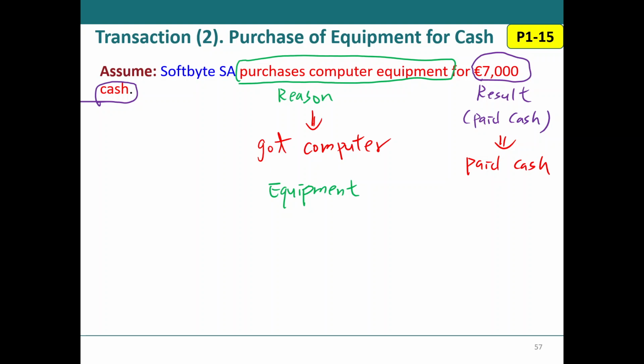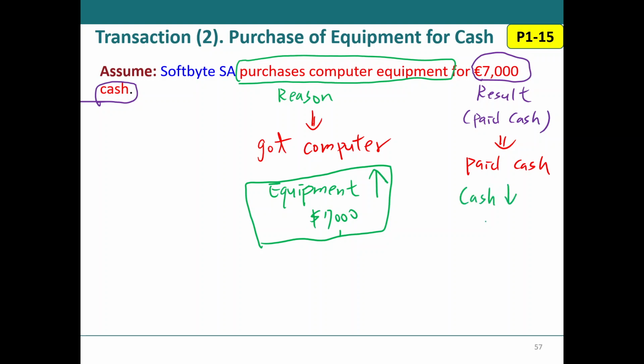Increase, right? Because you got something. So your computer equipment increases. How much? $7,000. Okay? So there's the reason. What's the result? You paid the cash, so your cash should decrease, right? So your cash decreased $7,000. Okay, that's it. Any questions?